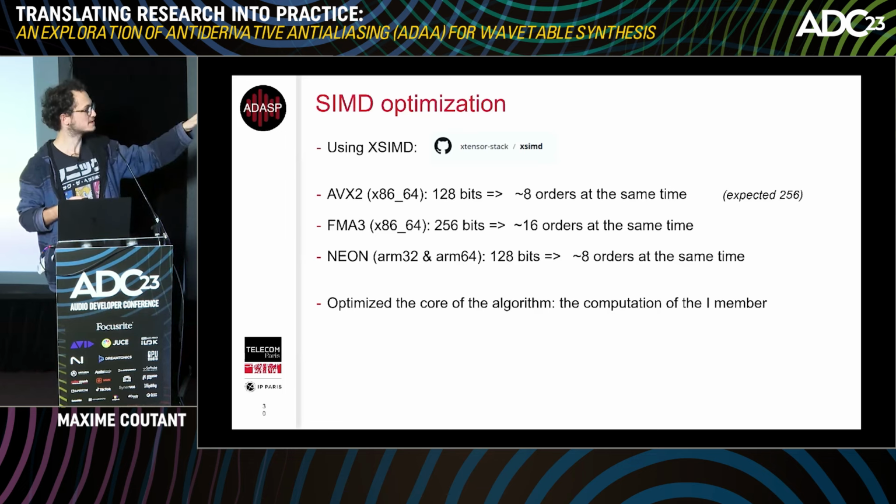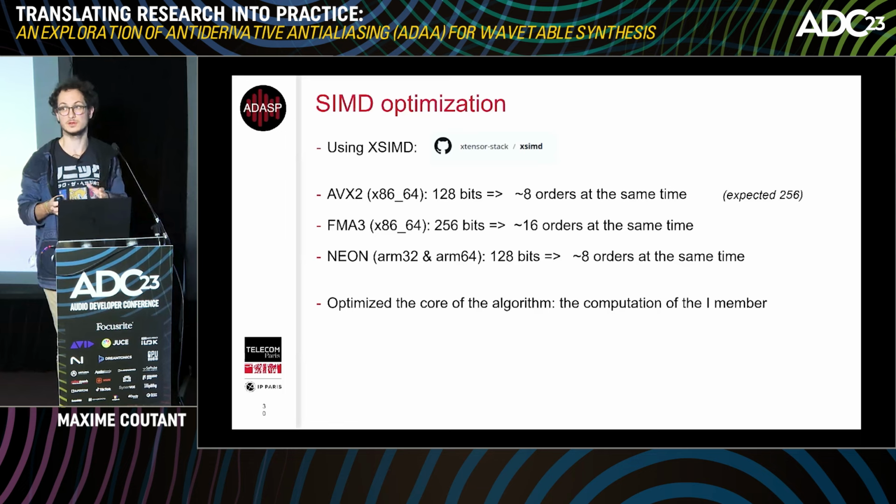So with this size, we can expect to run 8 orders of a filter for approximately the same cost. If you add FMA3, which is an extension of AVX2, and I think it's available on most Intel computers nowadays, it goes up to 256 bits. So we can expect to compute 16 orders of a filter at the same time.